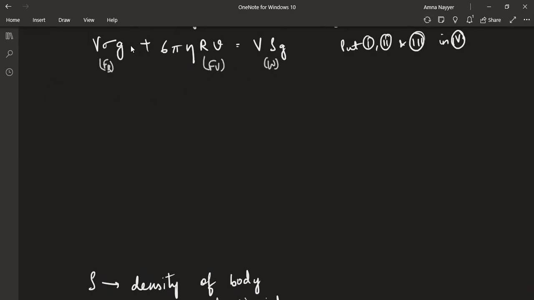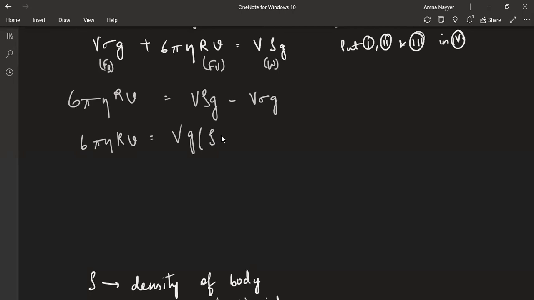Right, now bring the volume terms together so that we can simplify. 6 pi eta RV equals V rho g minus V sigma g. Take VG common, rho minus sigma. Now from here, what is the value of velocity?